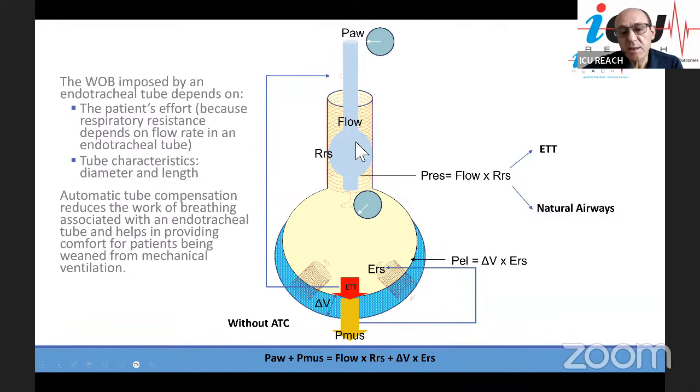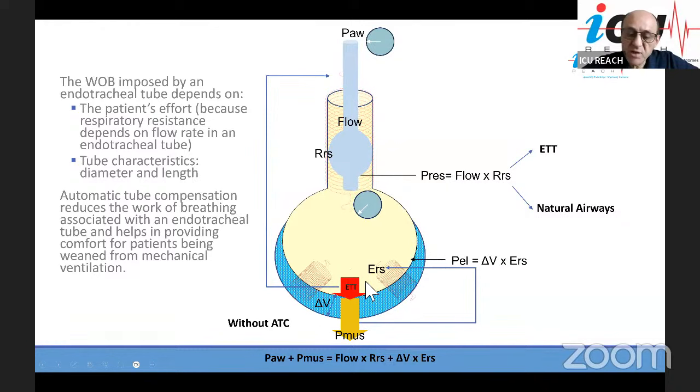Now, without having ATC, what you see here is that the patient has to do the work. So you can see the two arrows here. The first one is the work that the patient needs to do to overcome the compliance of the respiratory system and the resistance of the natural airways.